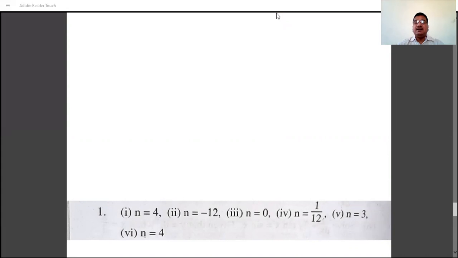When M dx plus N dy is a homogeneous differential equation, so observe these problems.